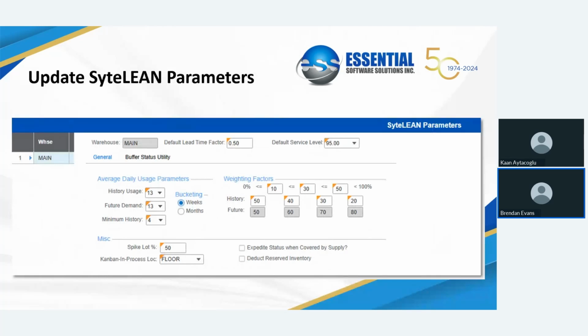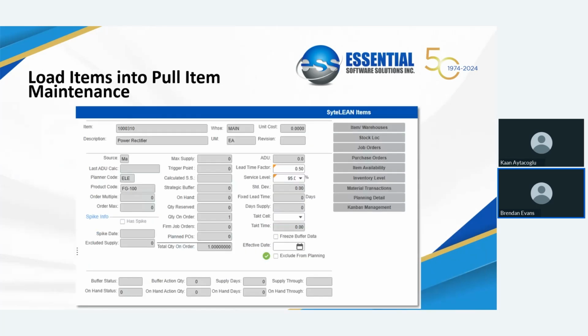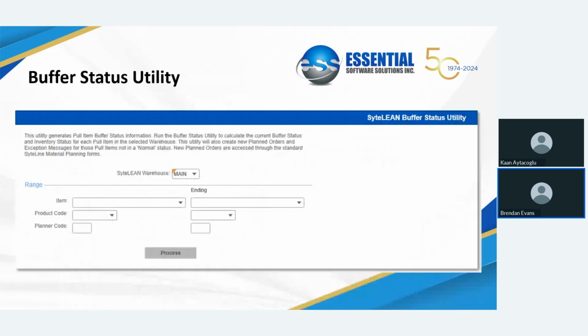So what this means is when a notification will pop up and when the replenishment factors will change based on what inventory demand spikes to. So if it increases 50% over typical demand for a specific time frame, that will initiate a spike, which this buffer status utility will provide information on.